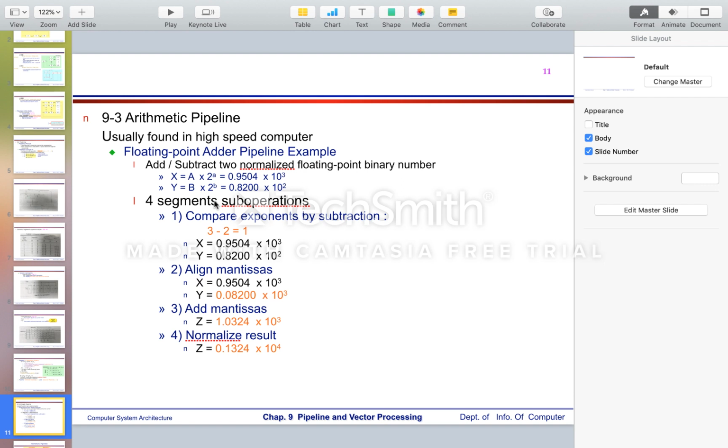So A and B are two fractions that are mantissas, and small a and b are exponents. Now, to perform floating point addition and subtraction, we can have four segments. So what are those four segments?